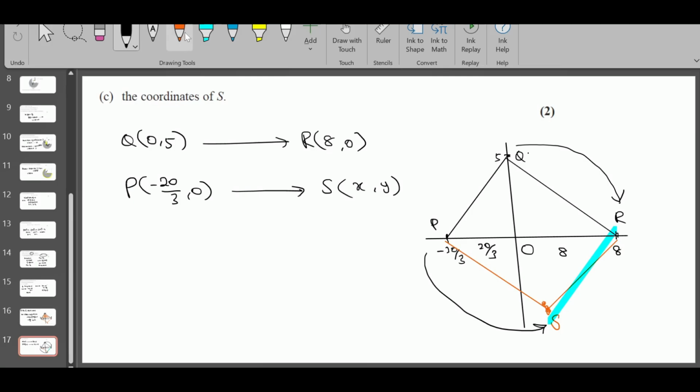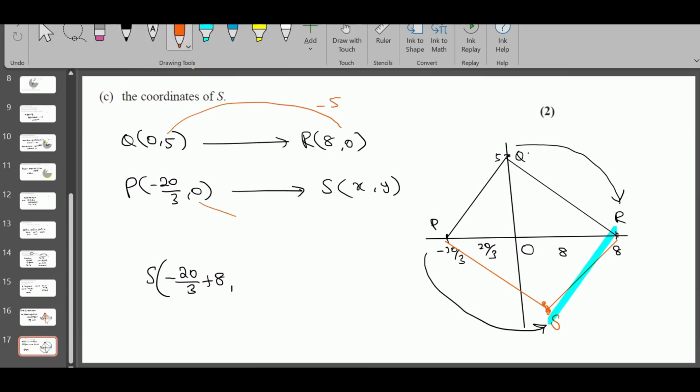So you need to compare this and see what happens. 0 plus 8, right? So we need to add 8 to the x coordinate. So S is minus 20 over 3 plus 8. And for the y coordinate, 5 becomes 0. That means minus 5.